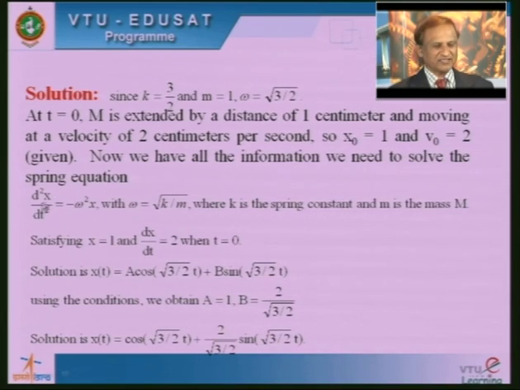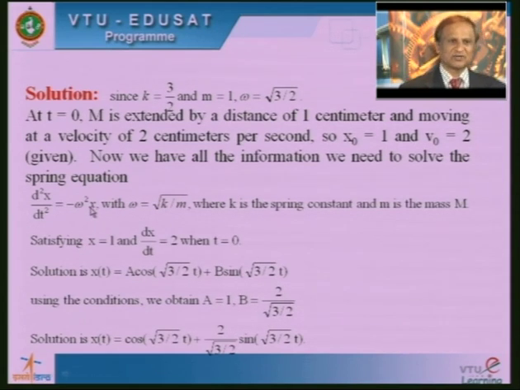So, you can rewrite it as d square x upon dt square plus omega square x equals 0, with omega equal to square root of k by m, where k is the spring constant and m is the mass, satisfying x equal to 1 and dx by dt equal to 2 when t is equal to 0. So it is our initial value problem. Now, how are we going to solve this equation?